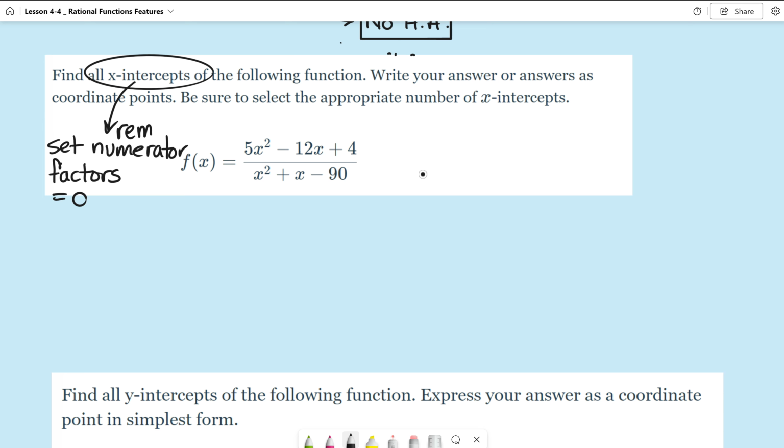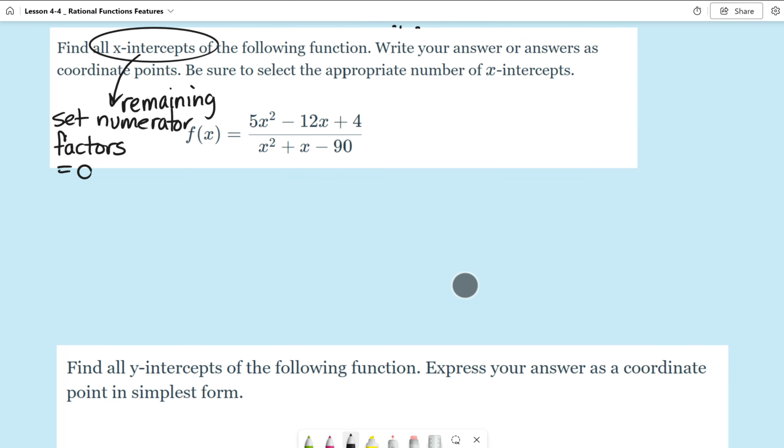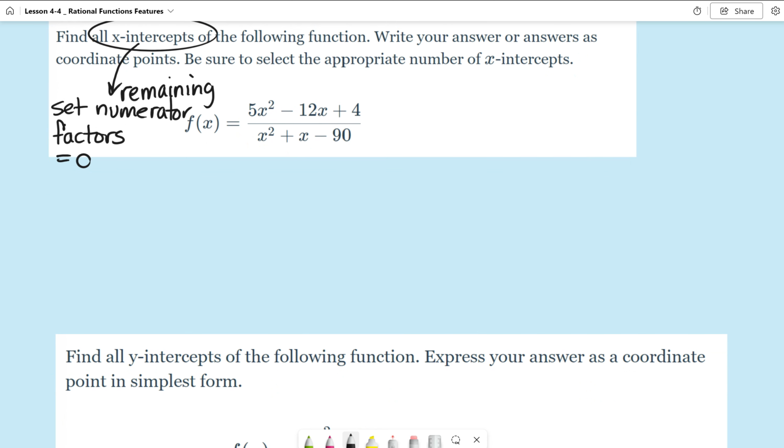So let me write the word remaining, because you do need to factor the entire thing. Okay? So set the remaining numerator factors equal to 0. So we have 5x squared minus 12x plus 4 over x squared plus x minus 90. We need to factor the numerator and the denominator. So notice we have a trinomial, 5x squared minus 12x plus 4.